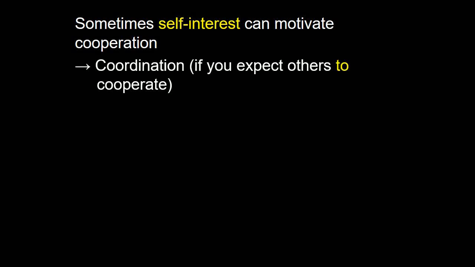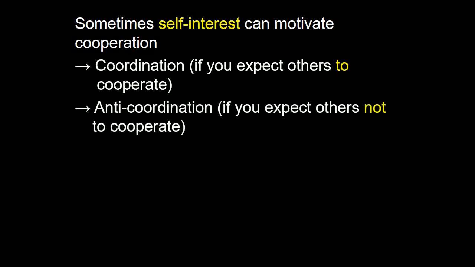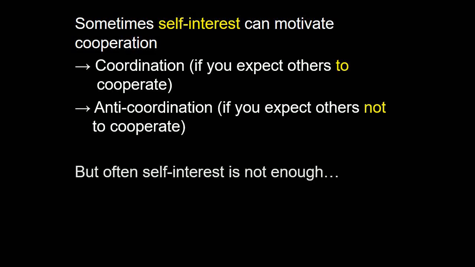For example, in coordination games, if you expect the other person to cooperate, then it's self-interested for you to cooperate. And in anti-coordination games, if you expect the other person not to cooperate, then it's self-interested for you to cooperate. So those are classes of situations where you get cooperation, maybe not the optimal amount, but you at least get some cooperation through pure self-interest.